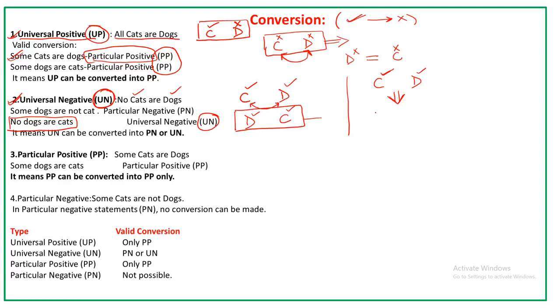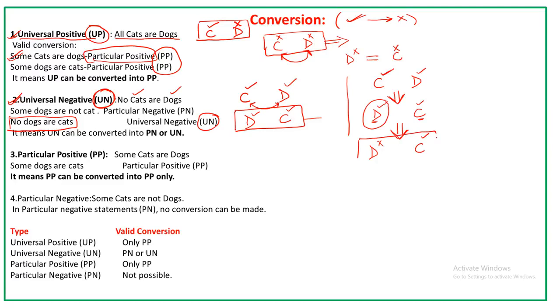First step is to change the order. So when the order is changed, D is at the first position, C is at the second position. Now the second step is to put a cross in place of a tick, and we'll always do that with the first set. So it would be a cross and this would be a tick mark.